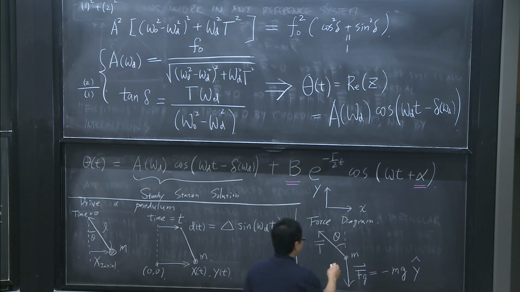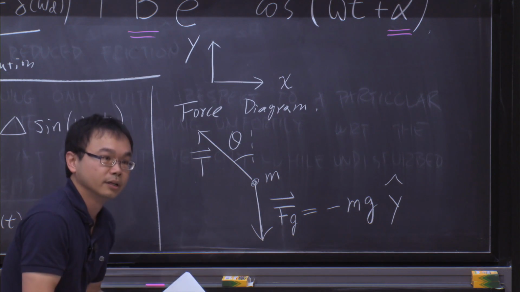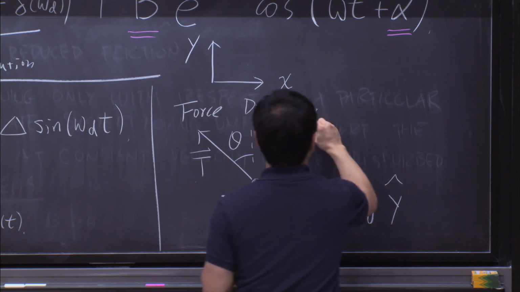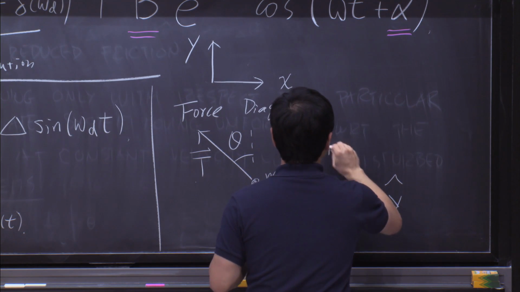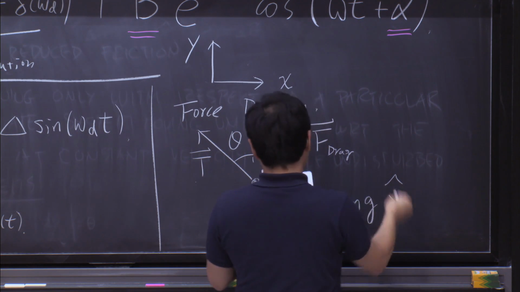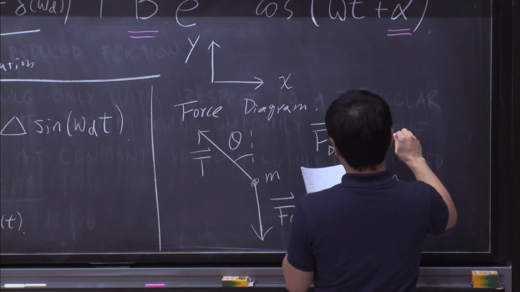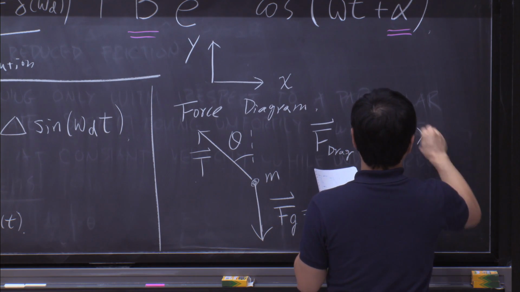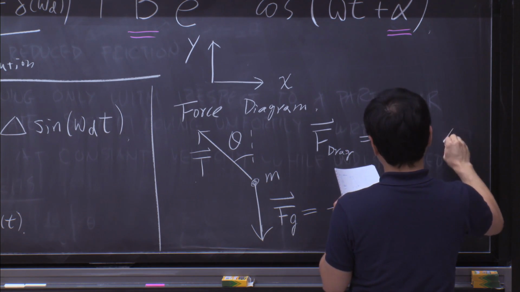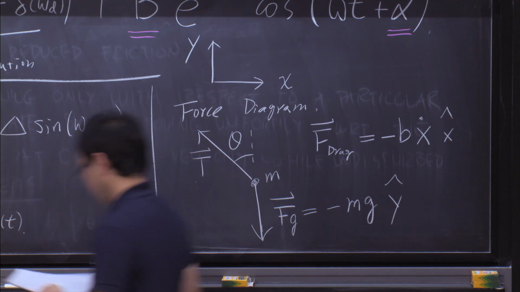And of course, don't forget, there is a third force, which is F drag. F drag is equal to minus B x dot in the x direction.